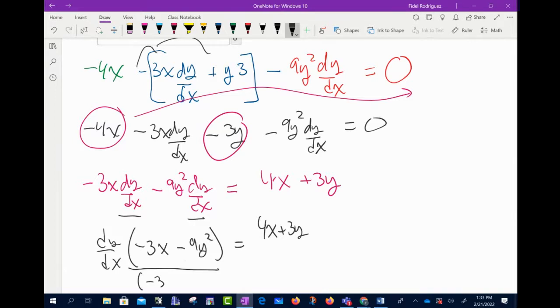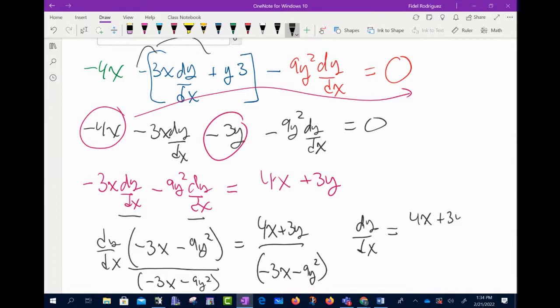Good. Okay. So we have dy dx is equal to 4x plus 3y over negative 3x minus 9y squared, right?